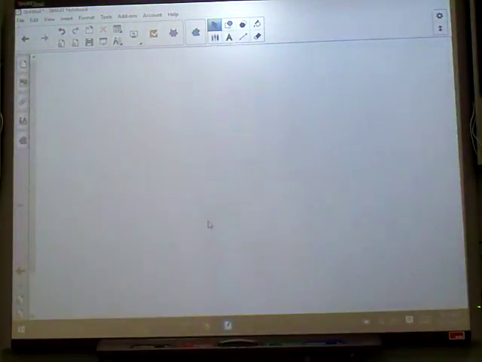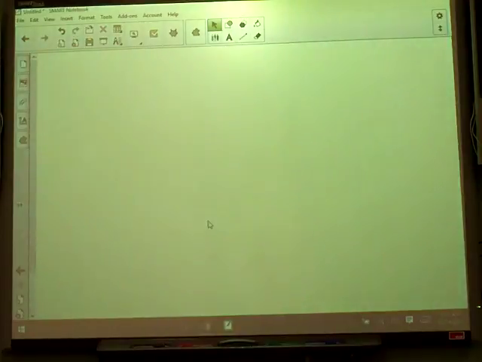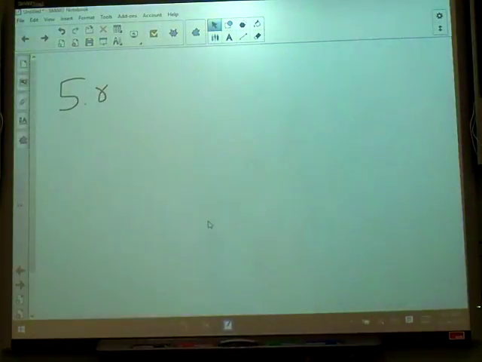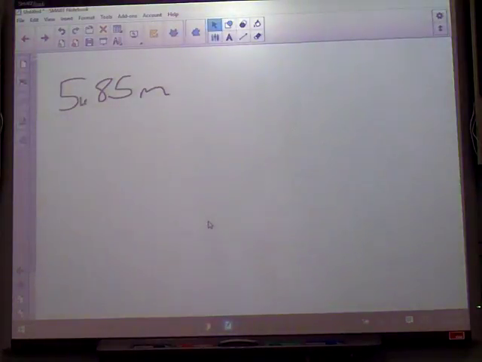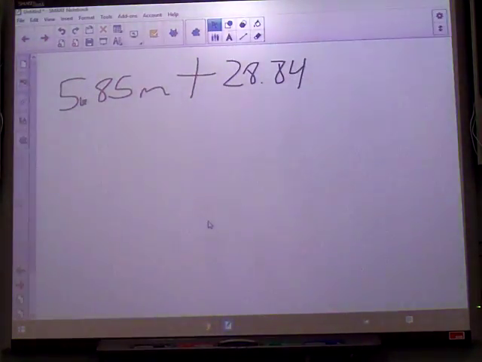Part A, write an expression for the total amount you spend in M months and T tubes of paint. $5.85 a month, so you're going to have 5.85M. We have to pay that, plus however many tubes of paint we buy, and they're $28.84, so $28.84T. So there's your Part A.